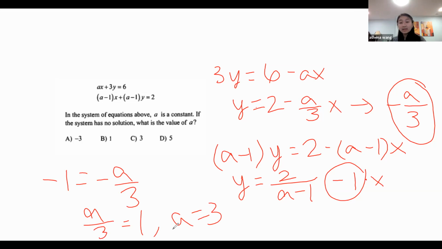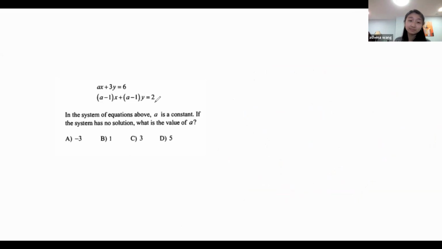So this is only when a is not 1, because we cannot divide by the part when a equals 1. But if a equals 1, we have negative y equals 2.